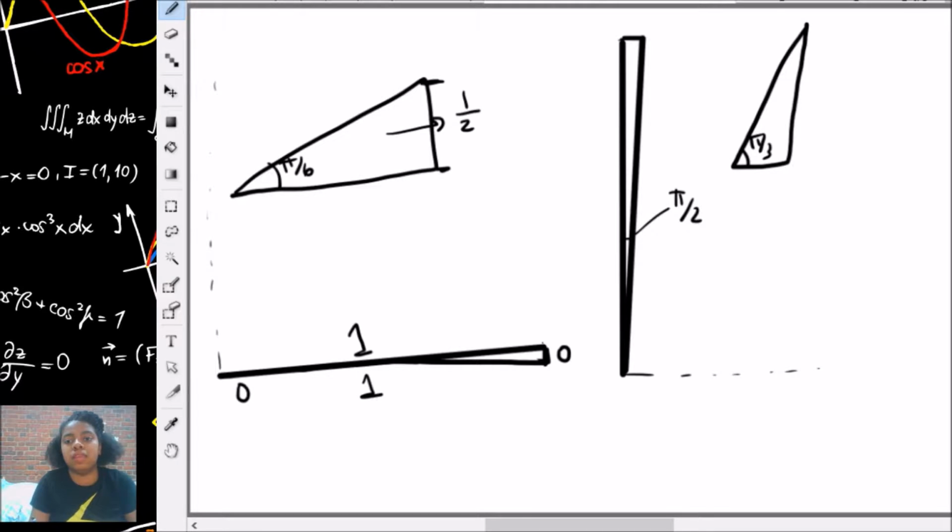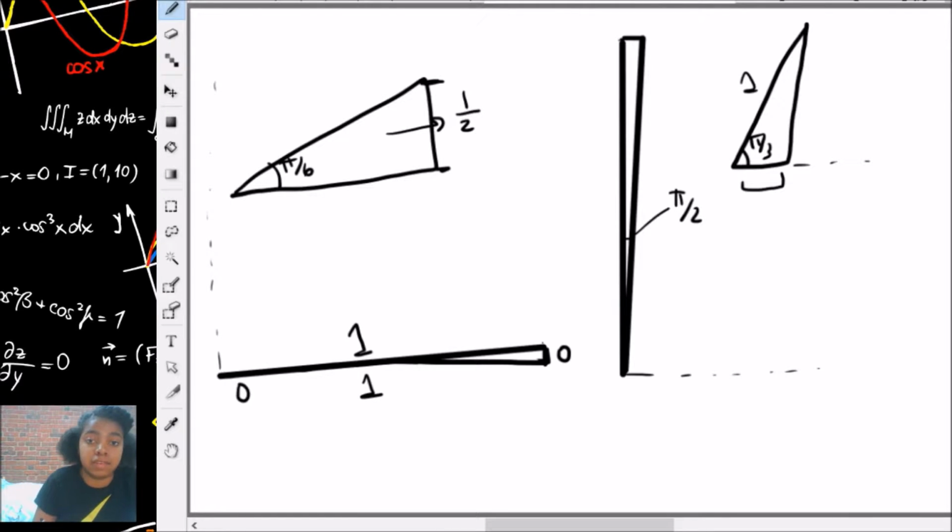We know when the angle is pi over 3, the adjacent value gets smaller as the angle is getting bigger and bigger. So if the angle is getting bigger and bigger, the adjacent is going to be really, really small. As the angle gets bigger, the adjacent pretty much goes to 0.